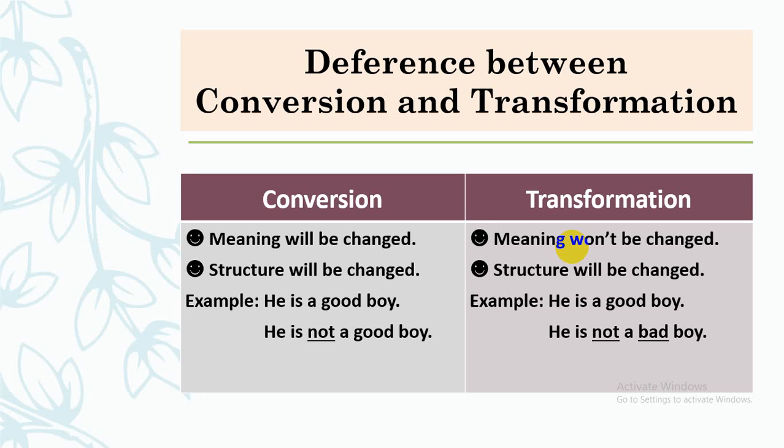So the meaning of both sentences is the same. So that is actually the difference between conversion and transformation. In a nutshell, or in summary, in conversion meaning and structure will be changed, in transformation structure will be changed without changing the meaning. That is the difference. So let's come to next.